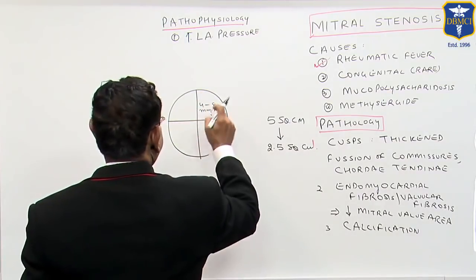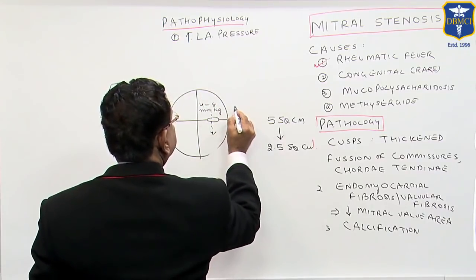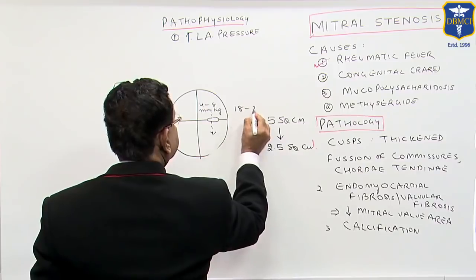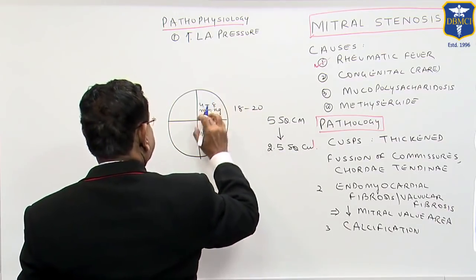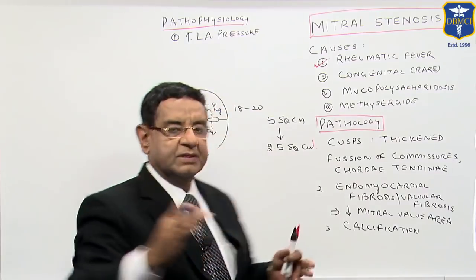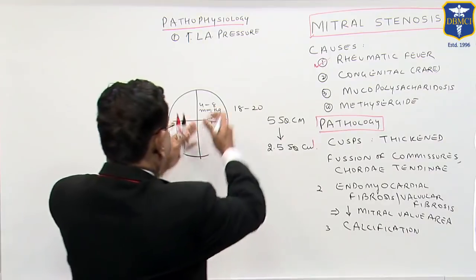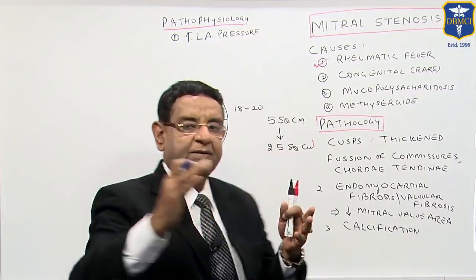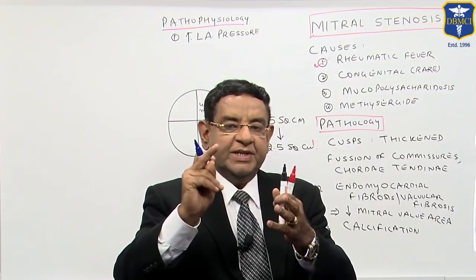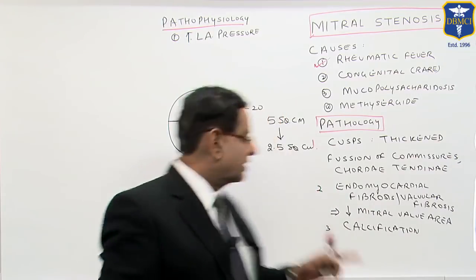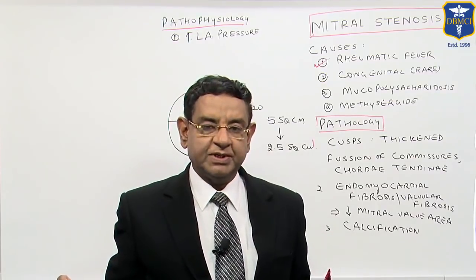When the pressure goes up to 18 to 20 millimeter of mercury, remember, the blood accumulates in the left atrium. The left atrium expands like a balloon, but remember, LA is a very thin walled chamber in contrast to ventricles, which are thick walled chambers.